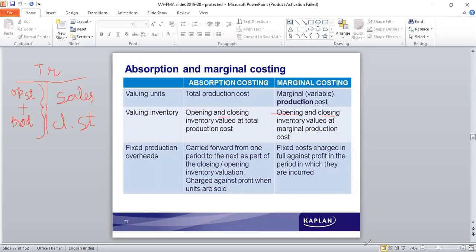When opening stock is from the previous period, the value is brought down to the current period. We know the value and number of units of opening stock. How many units are produced is known, and all the costs incurred are also known. So the value of production is known, and the number of units produced is known. So on the debit side, two items, we have clarity.